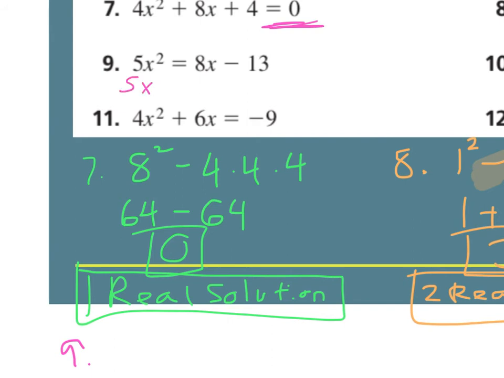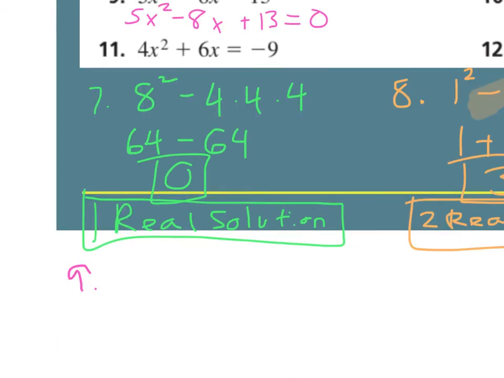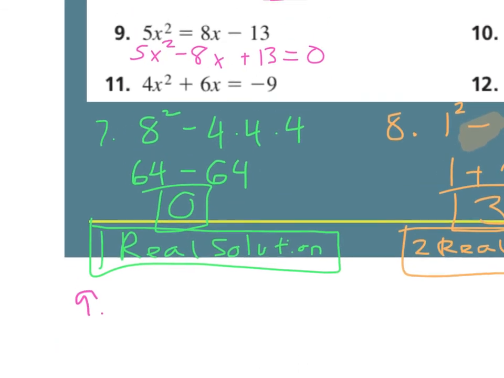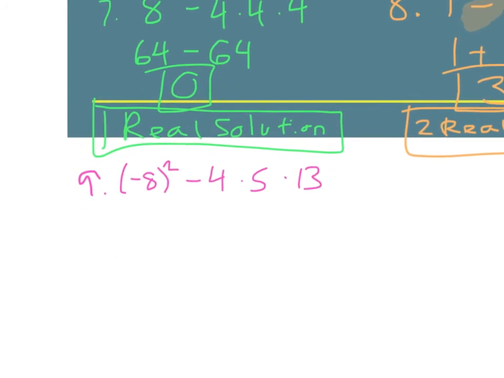So our new equation would be 5x squared minus 8x plus 13 is equal to 0. What's our a? 5. And what's our c? 13. So negative 8 squared would be what? 64.